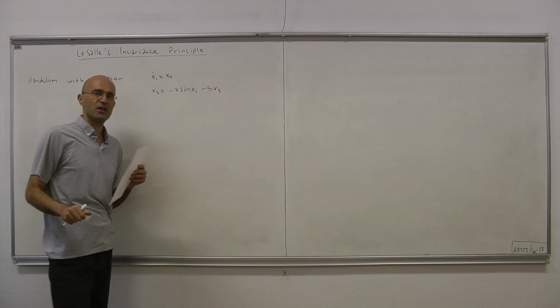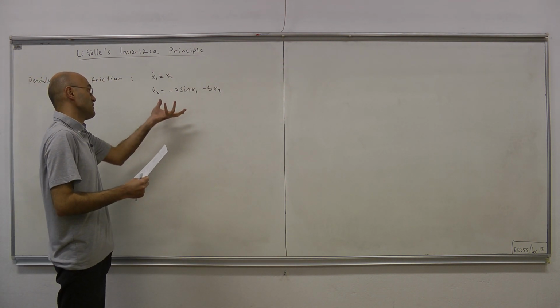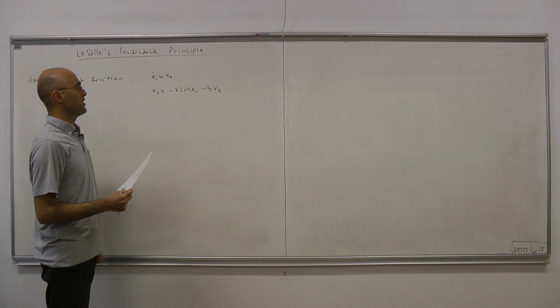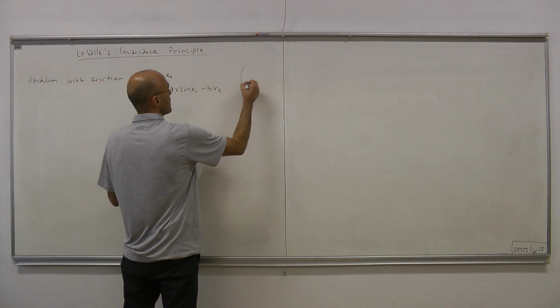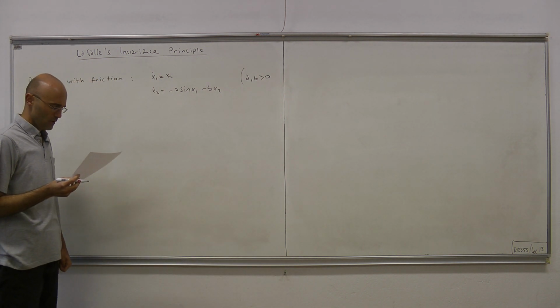This term, minus b x2, represents friction, and we know from experience, and also we have established it, that the origin is asymptotically stable for this system. Here a, b are positive constants.